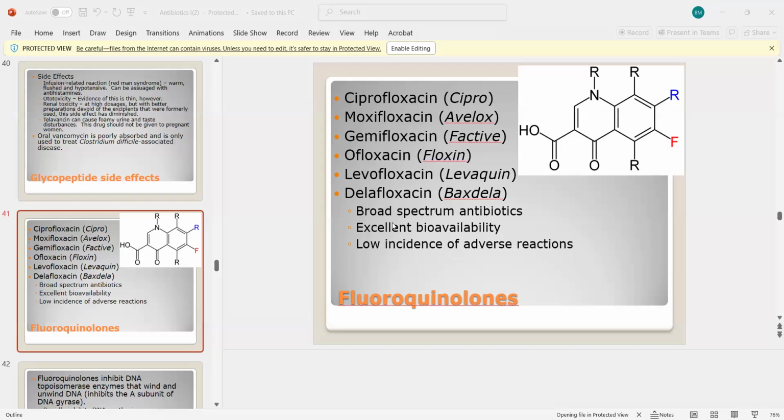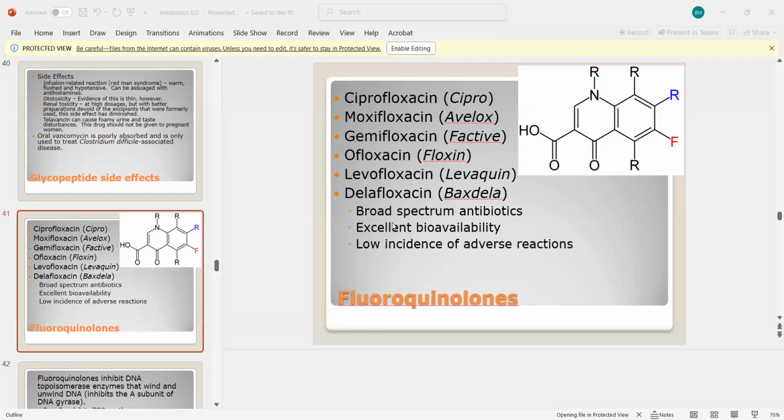When does a cell need topoisomerases? Topo sounds like topographic, topology, maybe, yes?